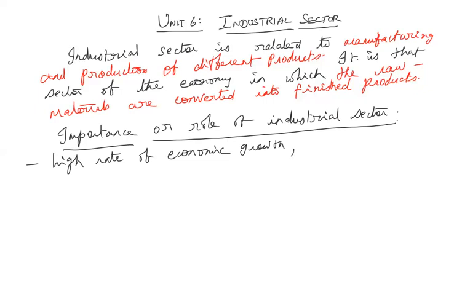Economic growth, in other words, the rise in national income, will be very rapid, and they have a better standard of living, etc. Practically this is what we are observing. Most of the countries which are industrially oriented have a high rate of economic growth or rise in national income, and they have a better standard of living compared to the countries which depend more on agriculture.